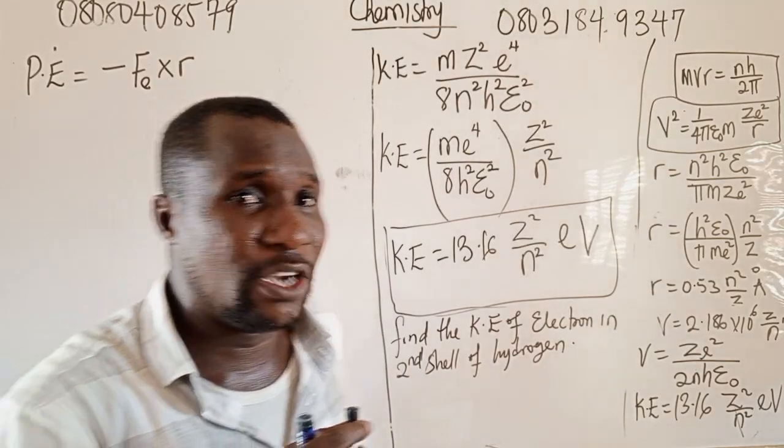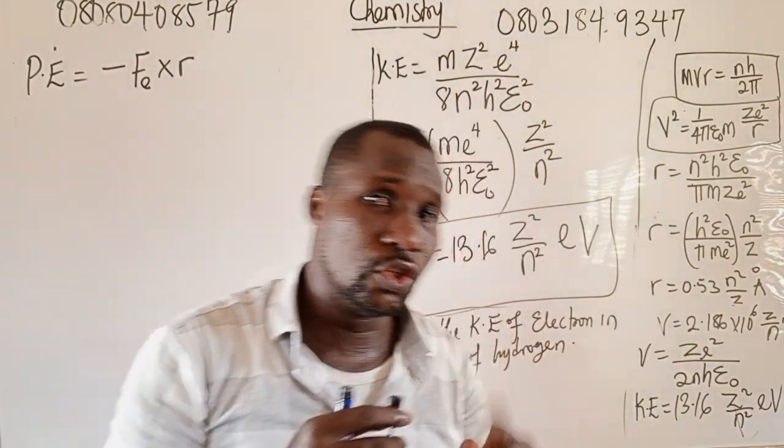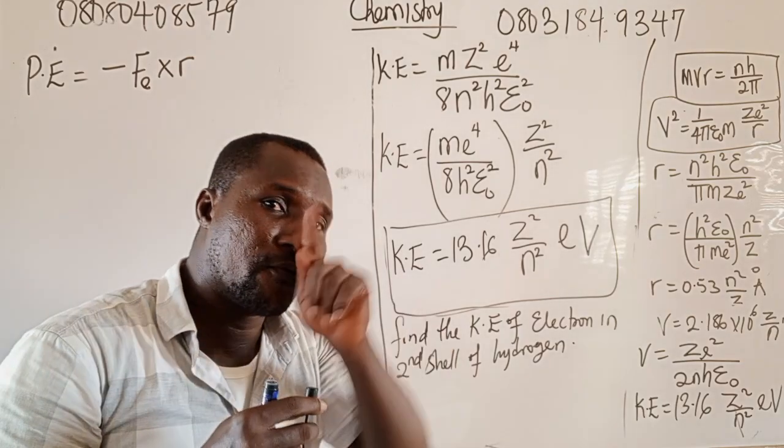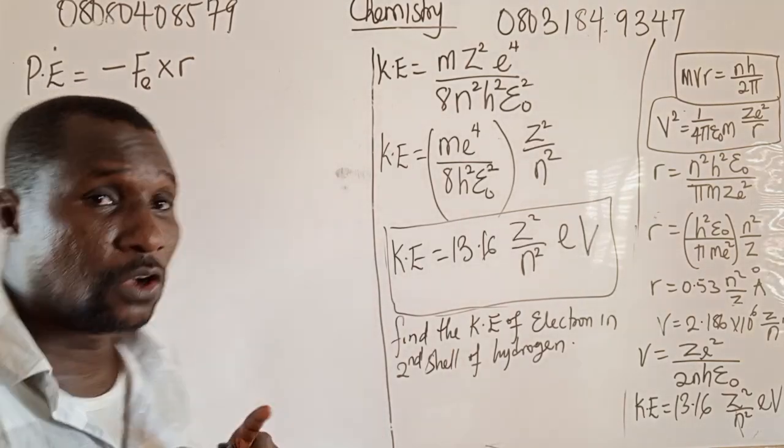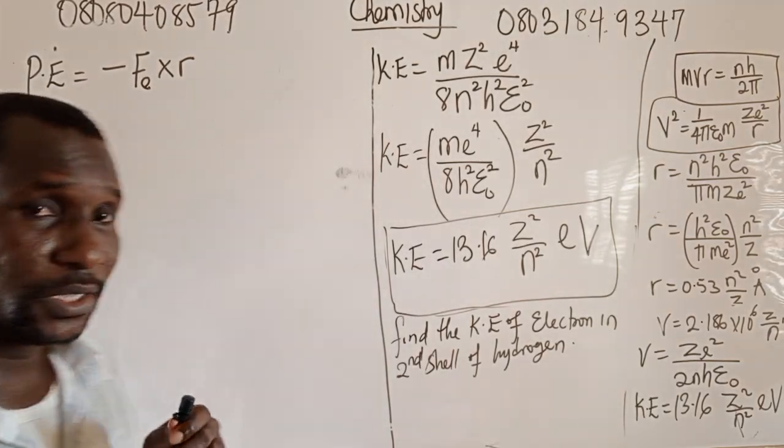That is, the potential energy of an electron is produced by the electrostatic force between the electron and the nucleus. Take note of that.